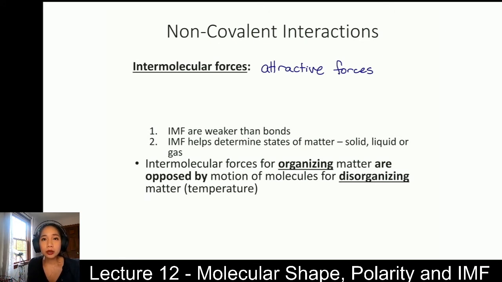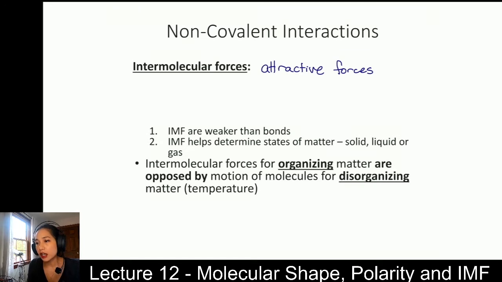So in a sample of, let's say, water, you'll have a bunch of H2O molecules floating around to make up the sample. Now the question is, how do properties, like whether it's a polar sample or a nonpolar sample, affect how molecules interact with one another?